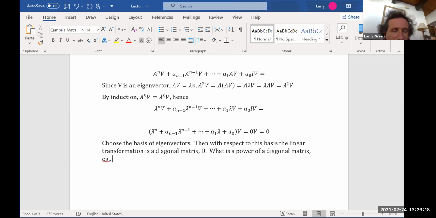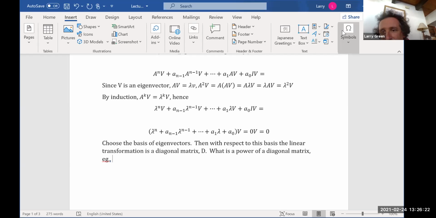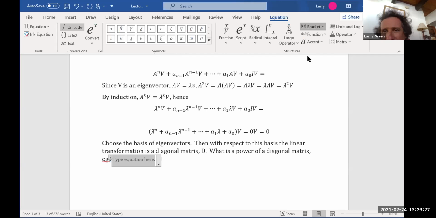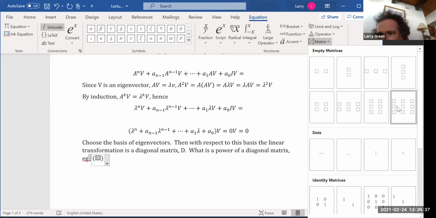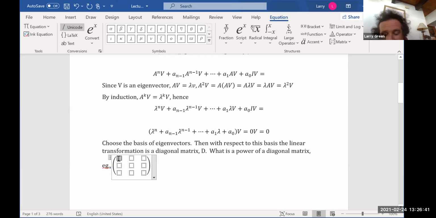Let me give you a good old matrix. Let's do a 3x3, just because 3x3s are hard to take powers of, but we'll be able to do it.